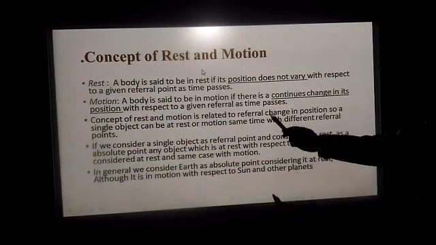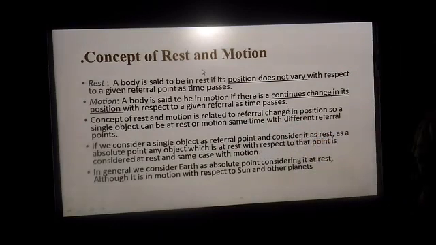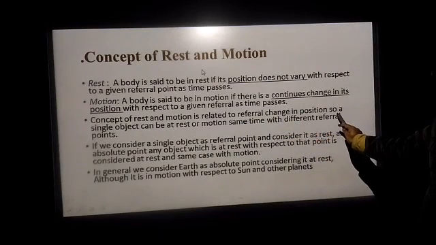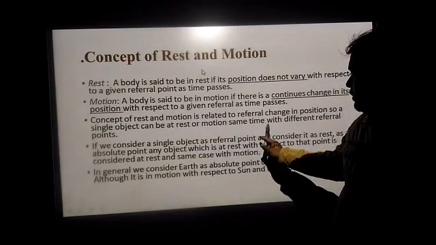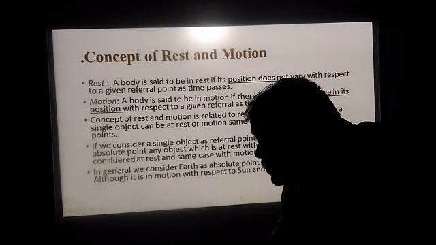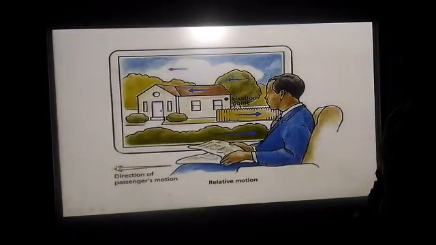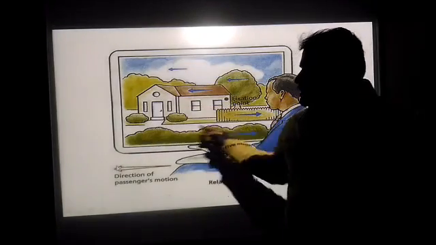Okay. The concept of rest and motion is related to the referral change in position. So a single object can be at rest or in motion at the same time with different referral points. I can give you an example of this. A person is sitting in the train, and here is the window glass.